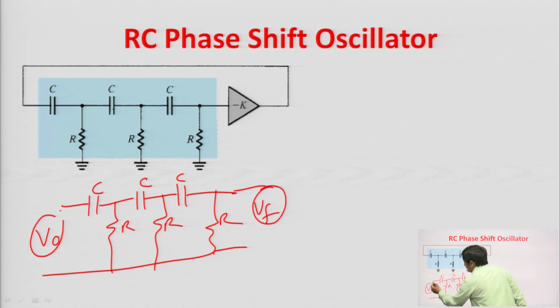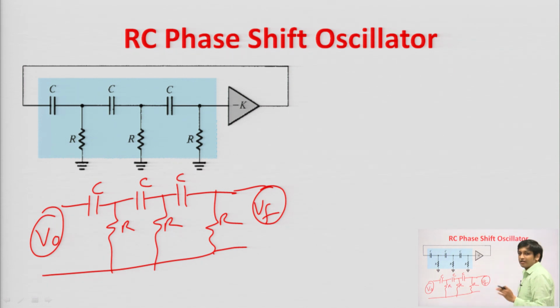These things I have explained in the last 3-4 classes on negative feedback and positive feedback systems, right. So, this is your feedback network, which consists of 3 RC sections. Now, what will be the beta?